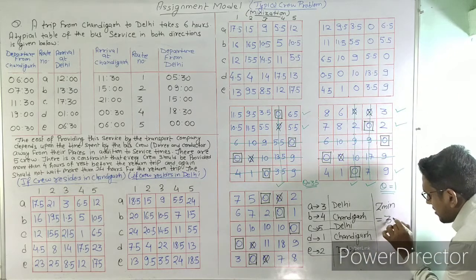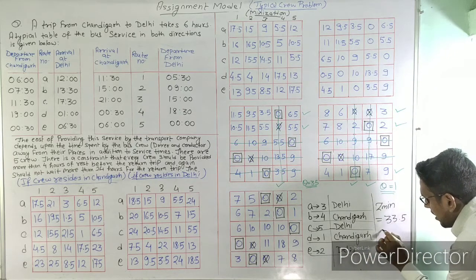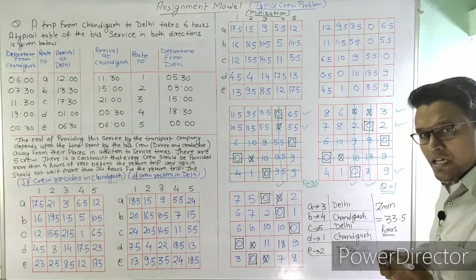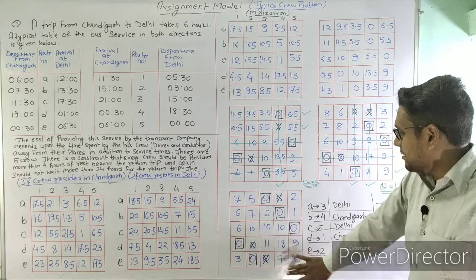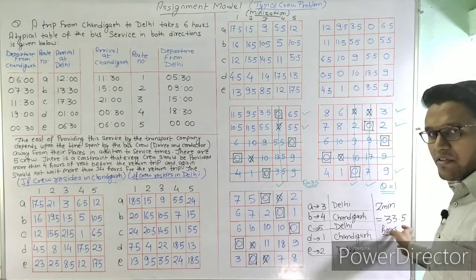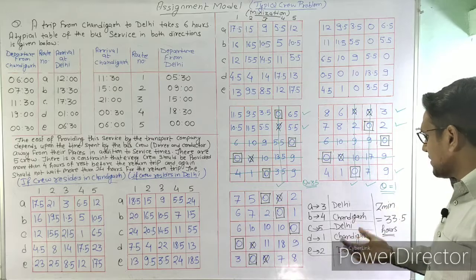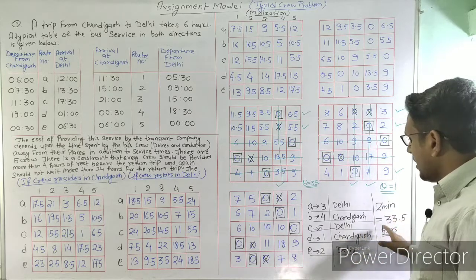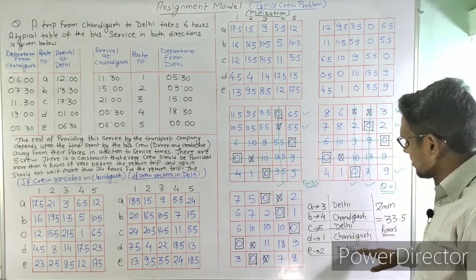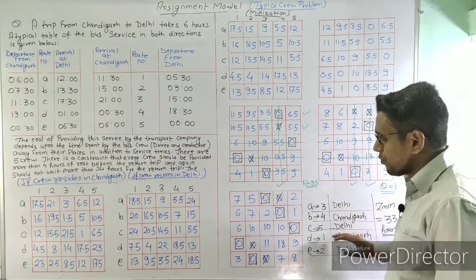So this is 33.5 hours. So this shows that for an optimal assignment the crew utilizes 33.5 hours of time in the company's facility. Okay, and this is the optimal assignment, and this shows the residence places of the crew.